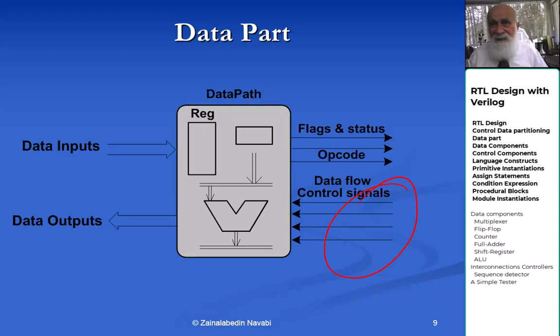If my adder has an overflow, maybe this should be reported to the controller, and the controller makes decisions based on that. If I have a processor that has fetched an instruction, the fetched instruction comes in maybe in a register called, let's say, instruction register.